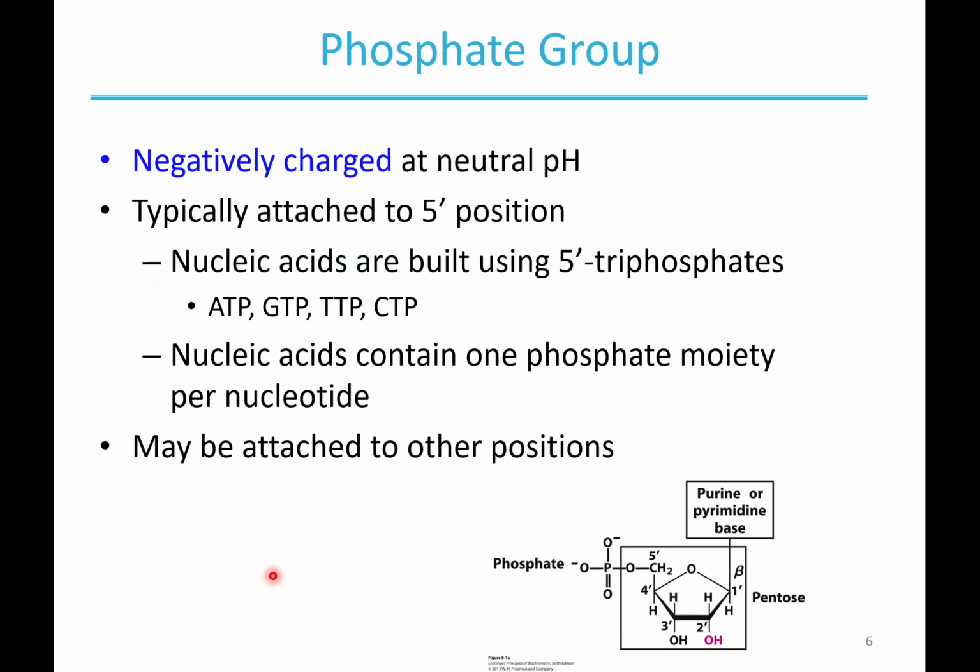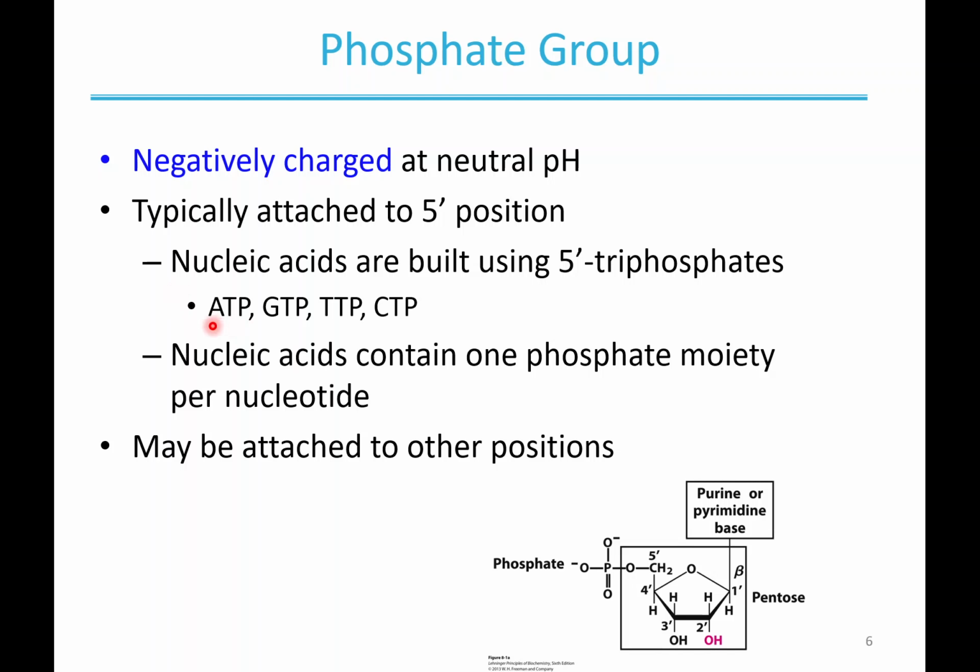Okay. The phosphate group in a nucleotide is going to be negatively charged at a neutral pH typically found in cells. And again, it's attached to the 5' position, carbon at 5' position of the ribose. Nucleic acids are built using 5' triphosphates, so they have not just one phosphate group on them, but 3.